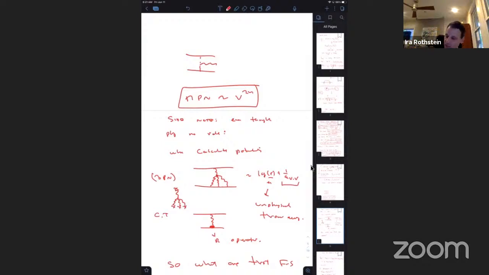The answer is that if we're doing this diagram in position space, I would integrate over the position of this vertex, and in some region it's going to overlap with these world lines. But these world lines are singular. So this introduces a UV divergence into the problem.